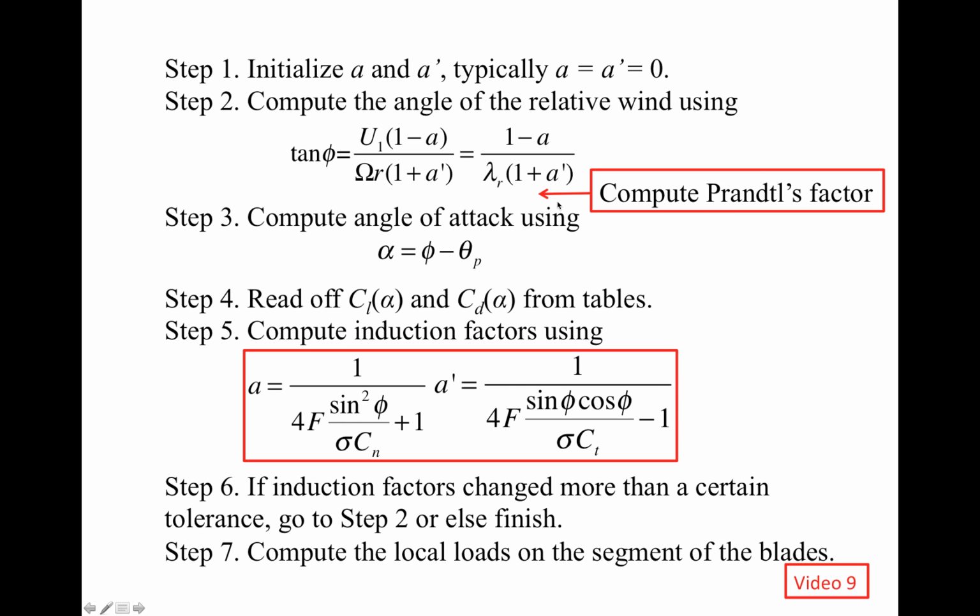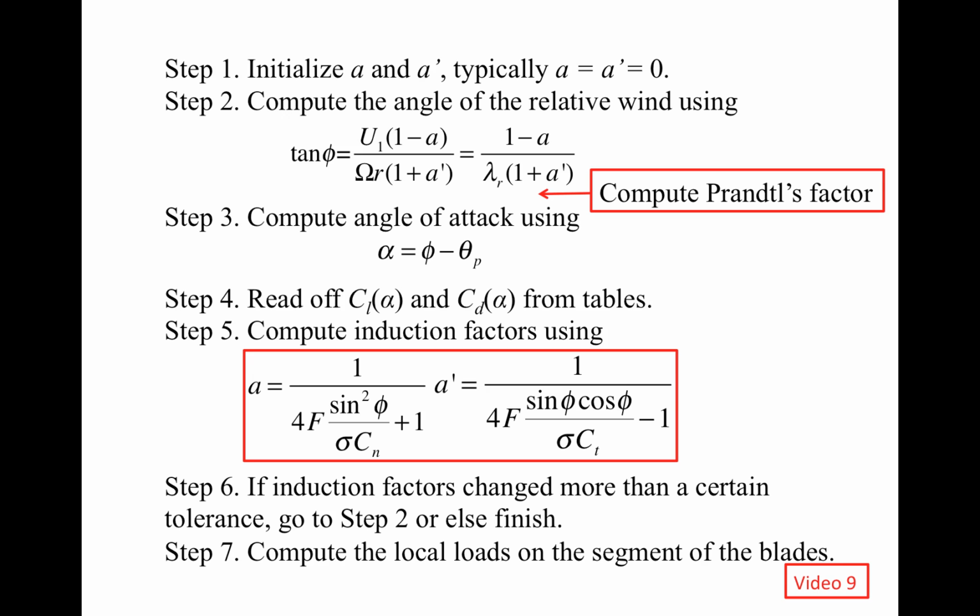We use the f computed after step 2 to compute a and a prime, these two induction vectors, and everything else stays the same. That's the first correction that we were planning to talk about, because of the tip loss effect. We have to account for that.